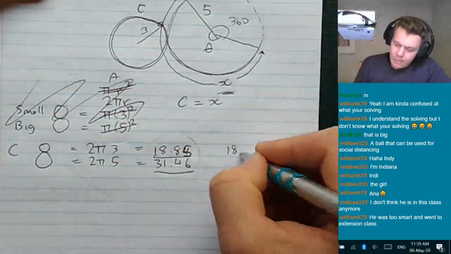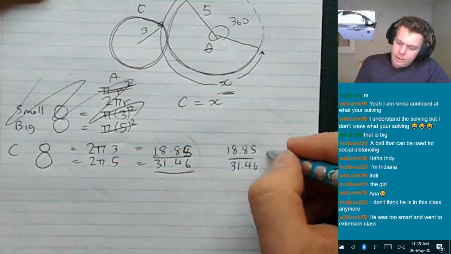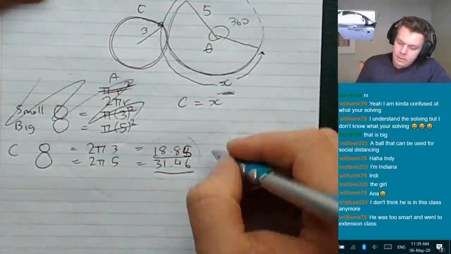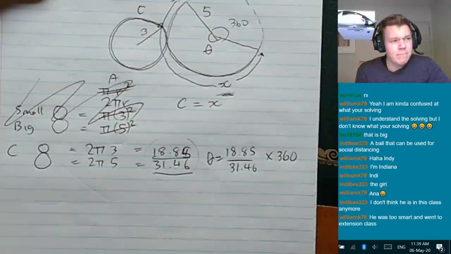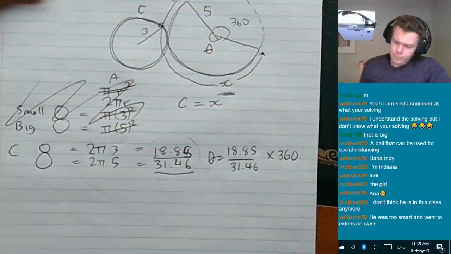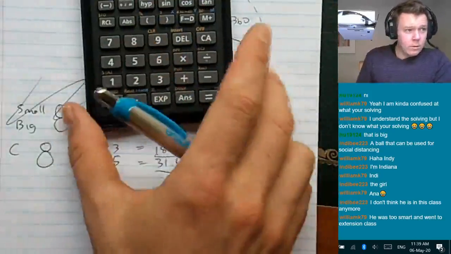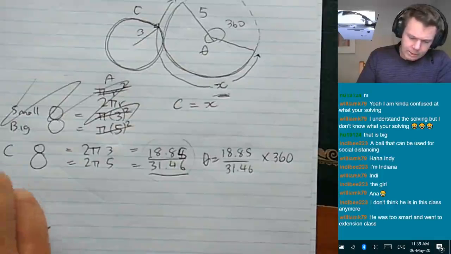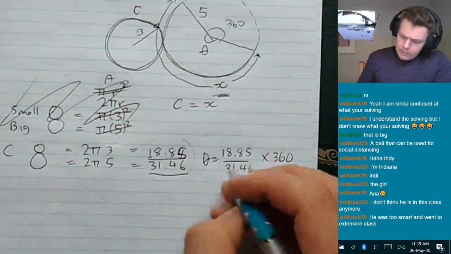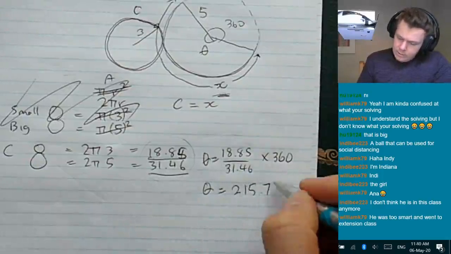If we make that a fraction, 18.85 over 31.46, and then we times it by 360, that'll get us our theta. 18.85 divided by 31.46 times 360 gives us a theta of 215.7 degrees.